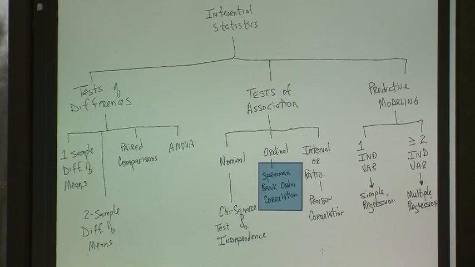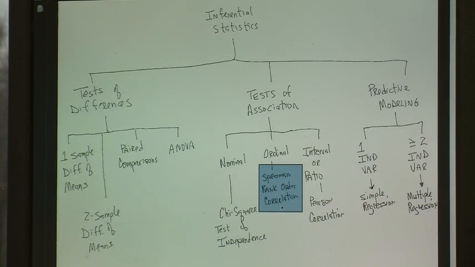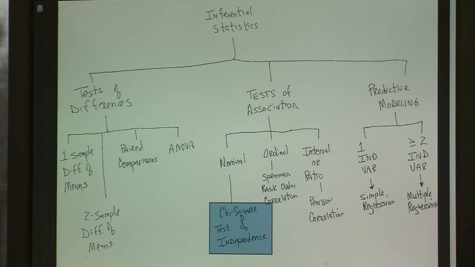It also ranges from 0 to 1 in an absolute value sense, much like the Pearson. The only difference is that with the Spearman rank order correlation, we use ordinal data, whereas with the Pearson, we're using interval or ratio data. But this mini lecture and the next couple are going to focus on the chi-square test of independence.